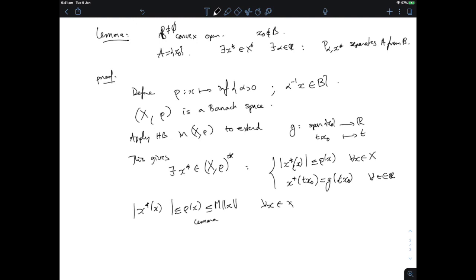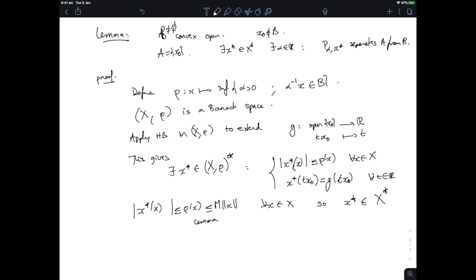That's for all x in X. So x star is also continuous with respect to the topology of the norm on X. So it's an element of the original dual of X, the dual defined in terms of the norm topology of X. So we have an element x star that's going to define our hyperplane, and we just have to show that we have indeed a hyperplane.